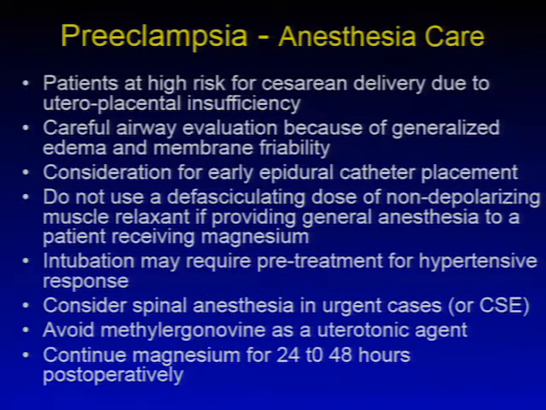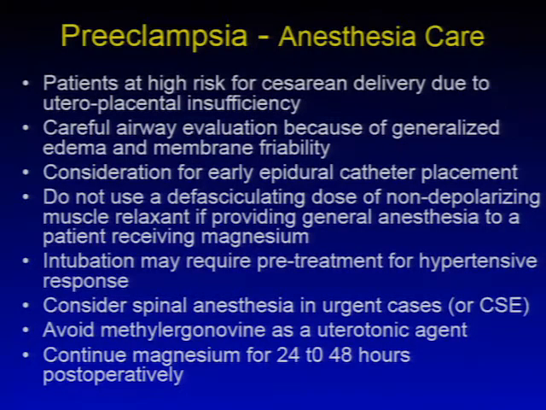If one does provide a general anesthetic, one does not want to give a defasciculating dose of non-depolarizing muscle relaxant because these women are very sensitive to muscle relaxants secondary to receiving magnesium. And the intubation itself may require pretreatment for hypertensive responses with agents such as labetalol.